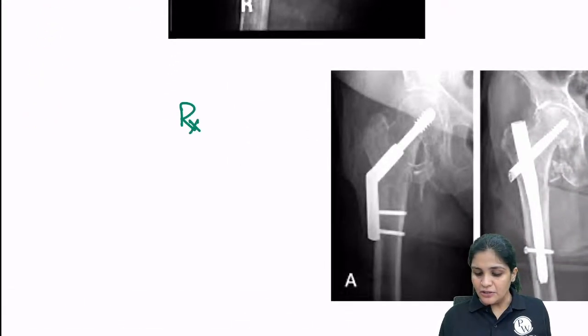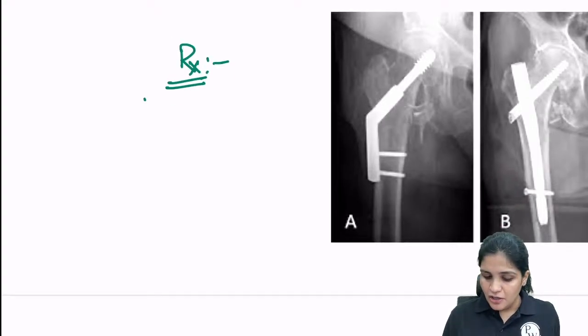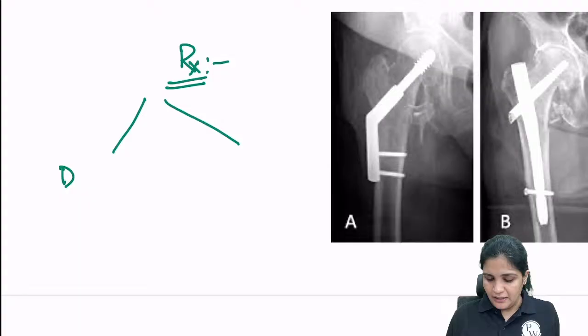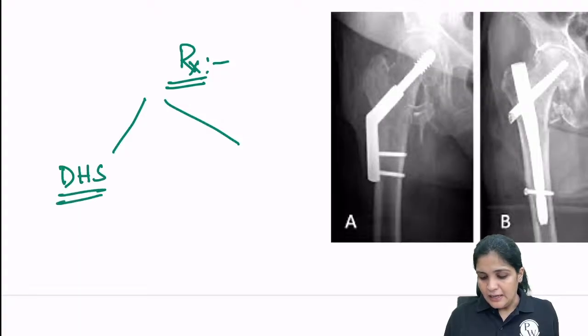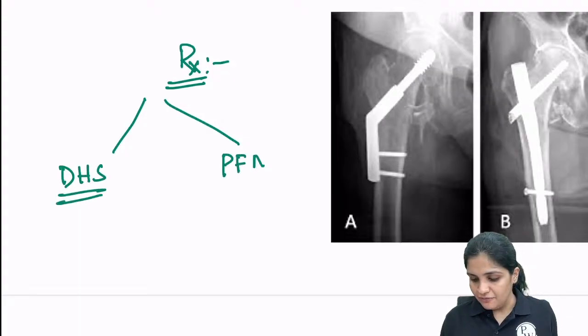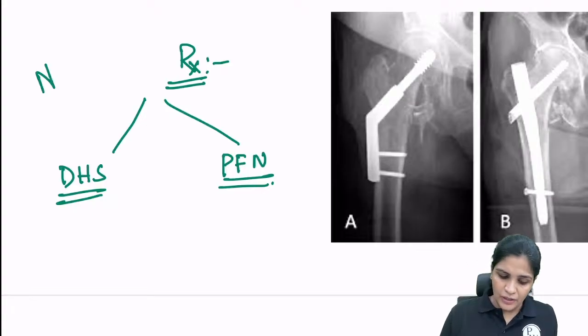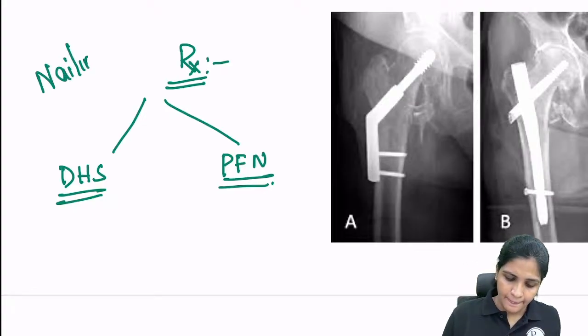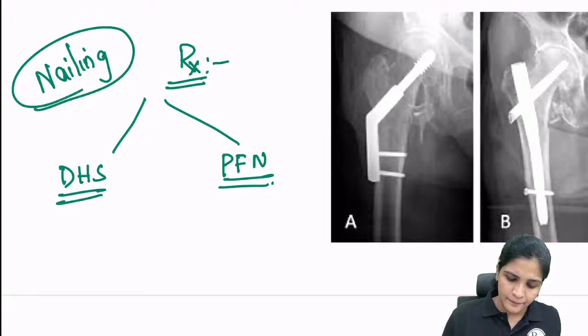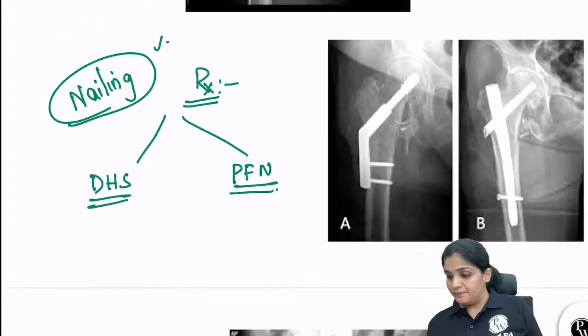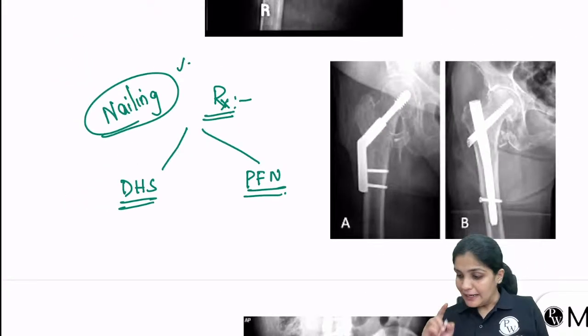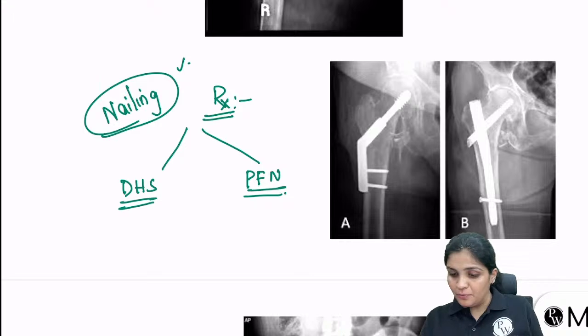They ask you the treatment for it. So whenever it is an IT fracture, you go with two important things. One is DHS and the second one is PFN, right? So you're going to do nailing for IT fracture. Yes, DHS is dynamic hip screw, PFN is proximal femoral nailing.